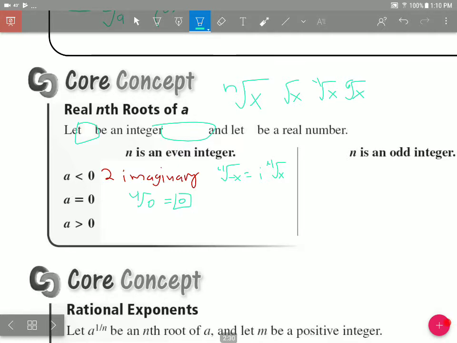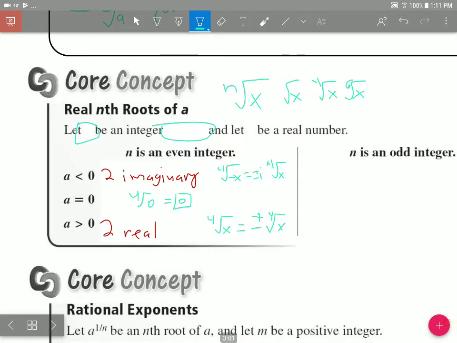If x is greater than 0, positive, you're going to get 2 real solutions. For example, the fourth root of x is plus or minus the fourth root of x. And I'm sorry, up here where the i is, it's a plus or minus there as well.